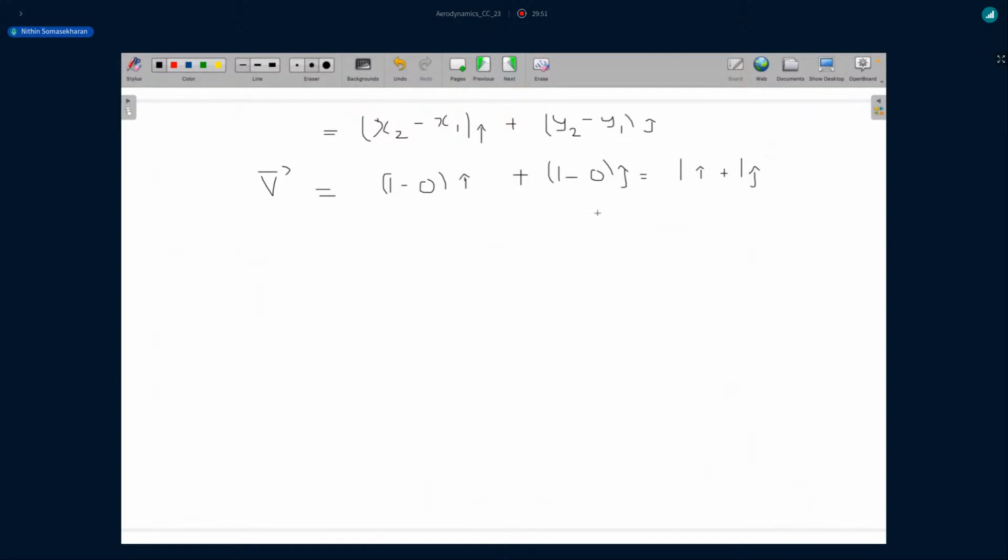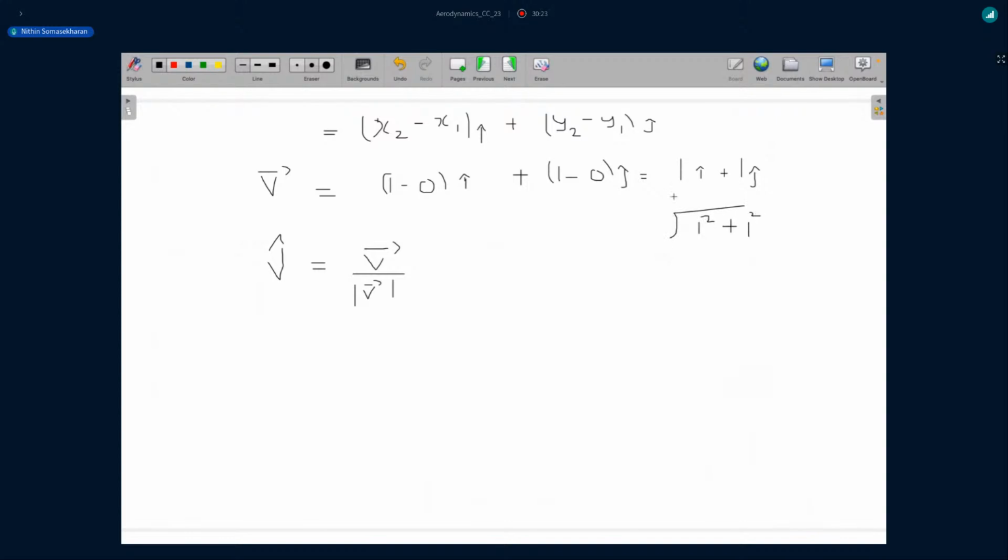And now they're basically asking you to find it as a unit vector for that matter. All right. So if you were to try to convert this to a unit vector, you need to divide it by the magnitude of the vector, right? If I were to convert v to a unit vector, I take the vector then divide by the magnitude of the vector. And the magnitude of the vector is nothing but the square root of 1 square plus 1 square, right?